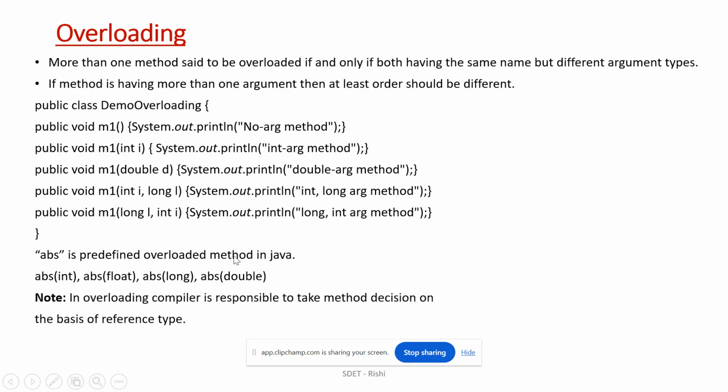In overloading, the return type is already taken care of by the compiler itself, and the compiler is responsible for taking the method decision, whatever method is trying to operate. It is always taken care of by the reference type with the help of the compiler in overloading. In overriding, it is always taken care of by the JVM at runtime.